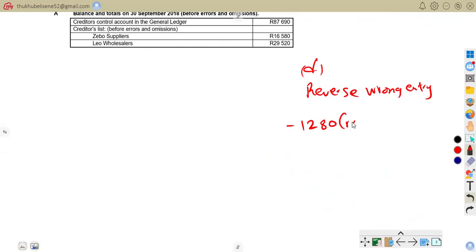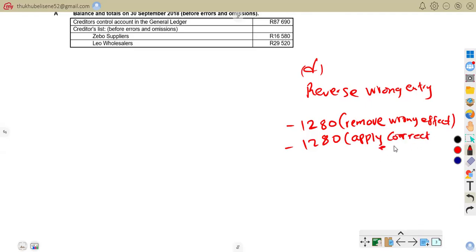That is where we are saying remove the wrong effect. And then you're also going to have 1,280 whereby you apply the correct effect.